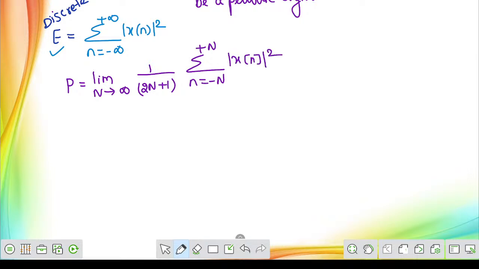Another most important property. But this is the property of a power signal, and the above one is the property of an energy signal.